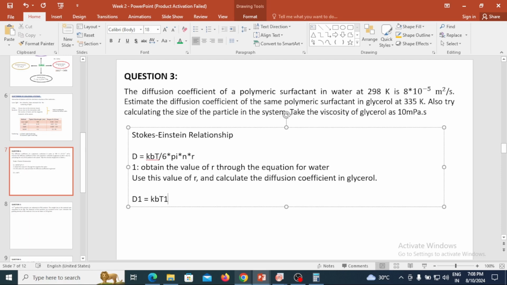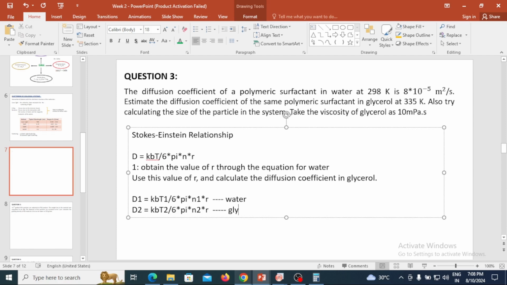So D1 is kB T1 divided by 6 pi eta 1 times R. This will be for water, and D2 is kB T2 by 6 pi eta 2 times R. This will be for glycerol.